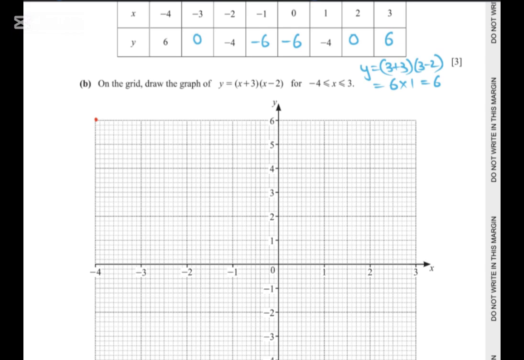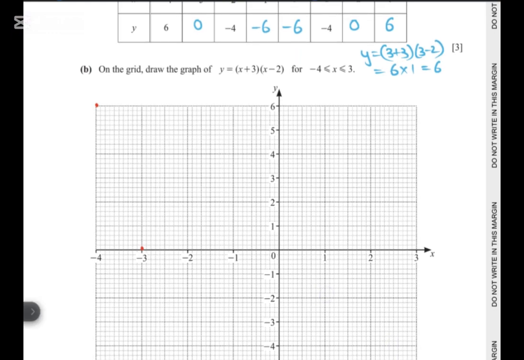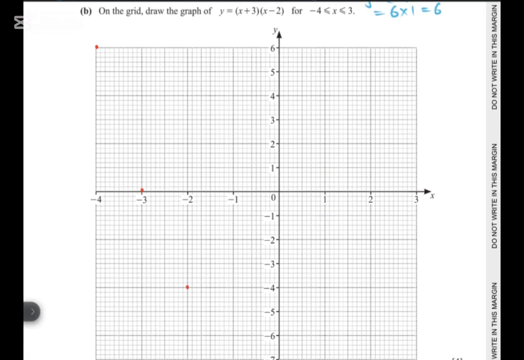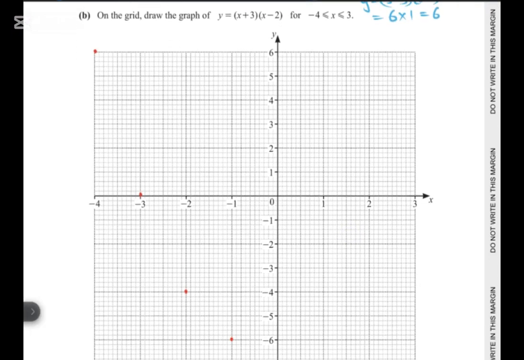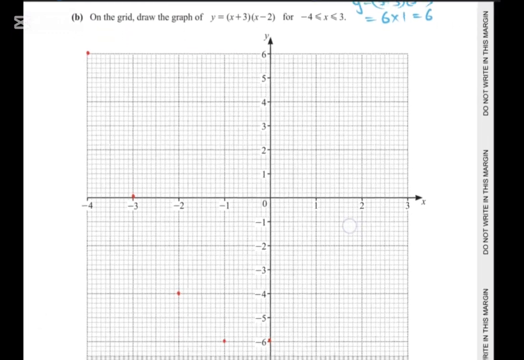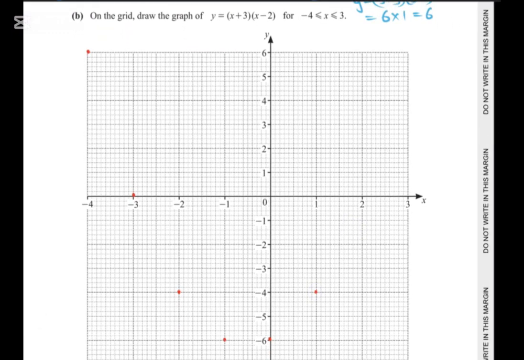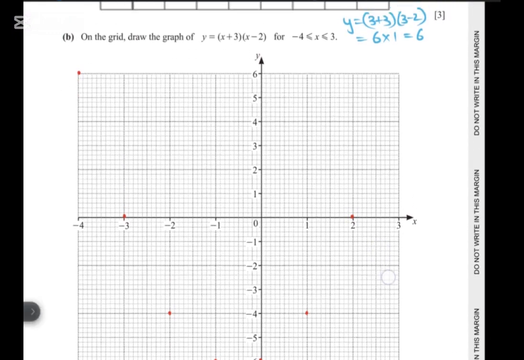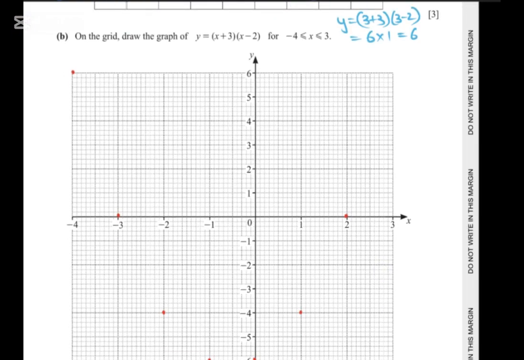Minus 3, when x is equal to minus 3, y is 0. When x is equal to minus 2, y is minus 4. When x is equal to minus 1, y is minus 6. When x is equal to 0, y is minus 6. When x is equal to 1, y is minus 4. When x is equal to 2, y is 0. When x is equal to 3, y is 6.